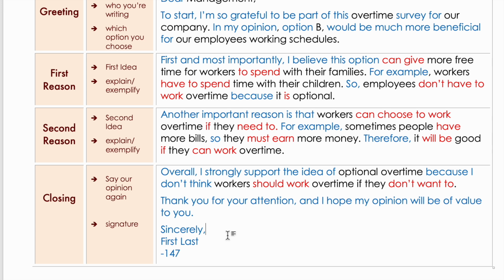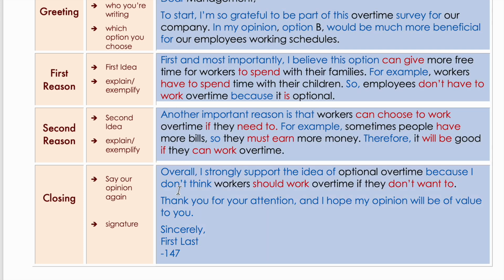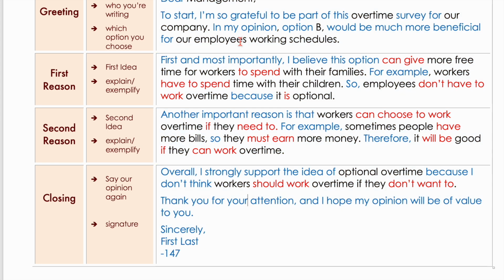But if you write 125, 130 words, and it's well constructed, and the meaning is very clear, the expression is clear, maybe with some grammar mistakes, not very simple ones, that's 5 to 6 for sure.